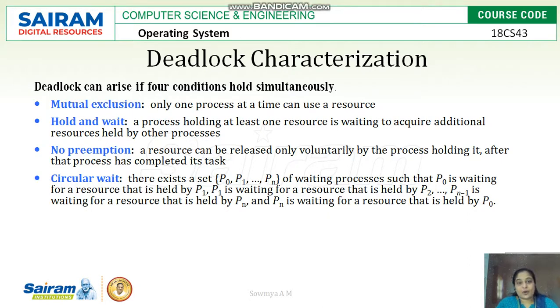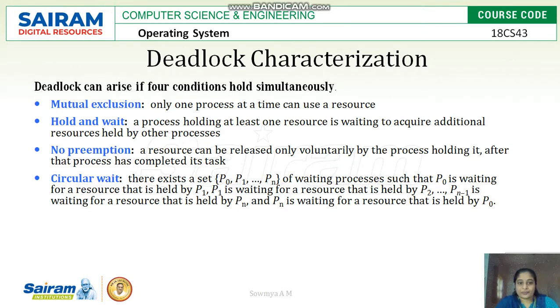If a process is holding at least one resource and is waiting to acquire additional resources held by other processes, consider there is one process P0 which is holding the resource R0 but waiting for the resource R1 which is already with the process P1, then it may lead to deadlock.